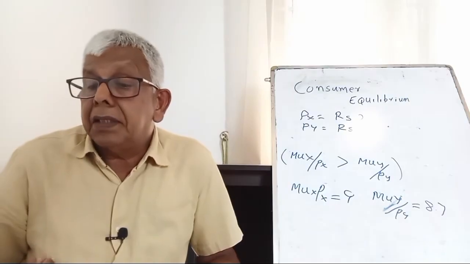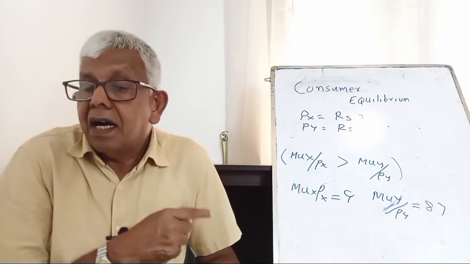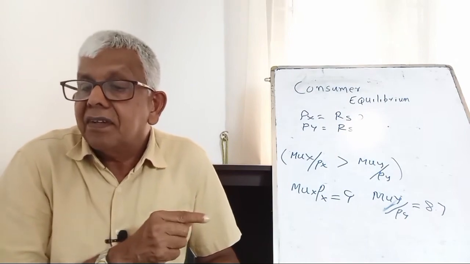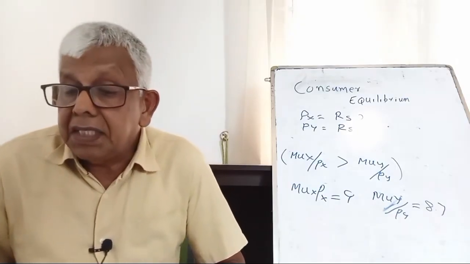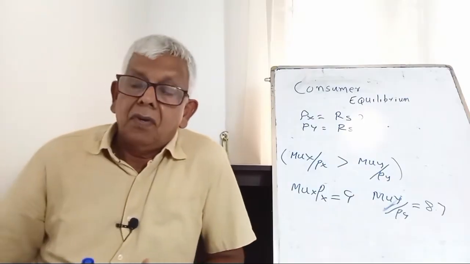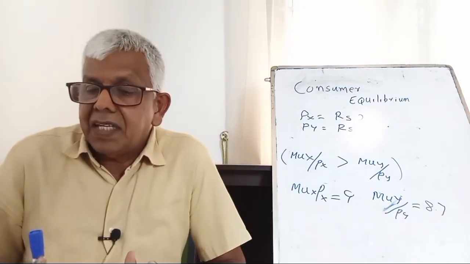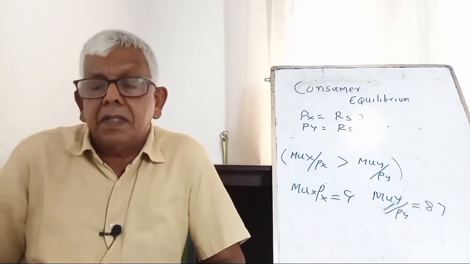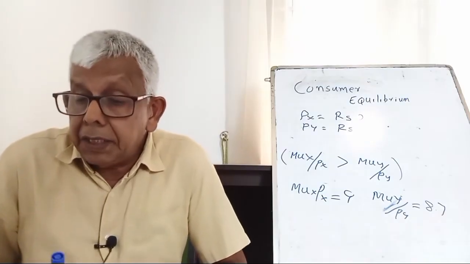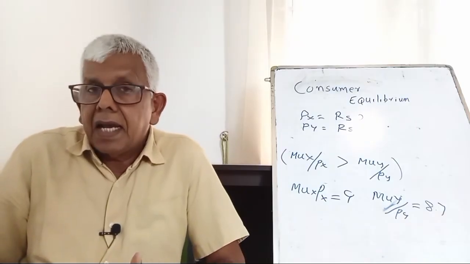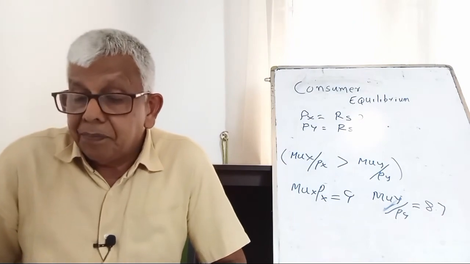If you compare the above lists, there are many points where the number of utils the consumer gets from each rupee spent on X and Y is equal. At all such points, the consumer is indifferent between X and Y. The utility obtained at those points is called equi-marginal utility.